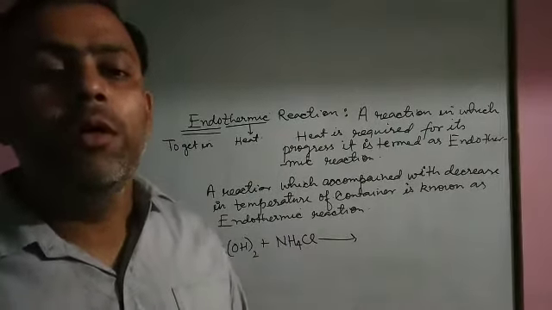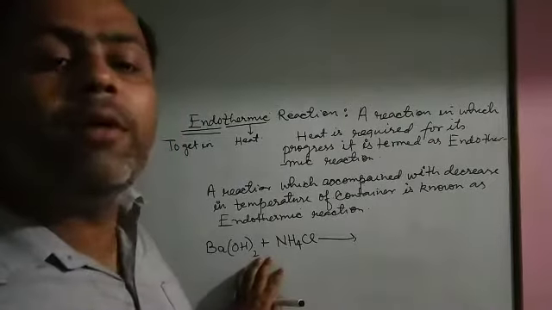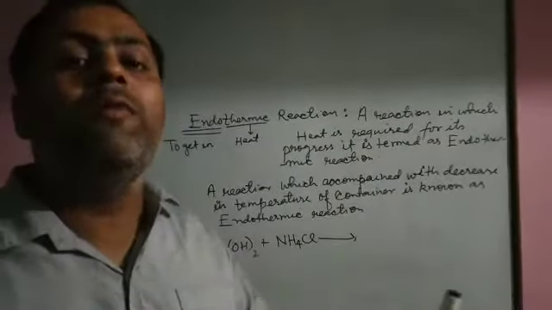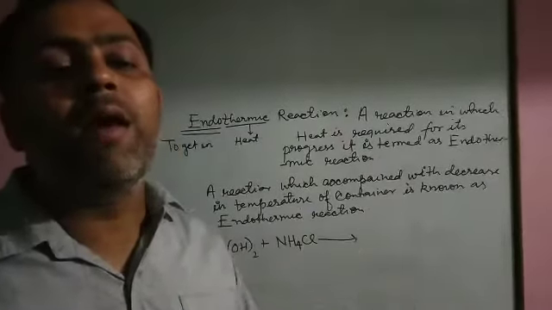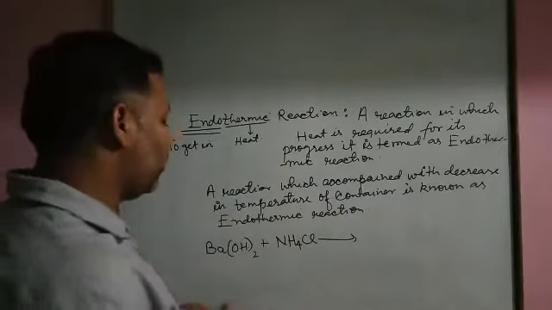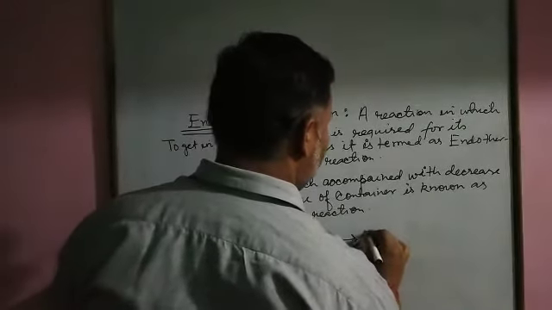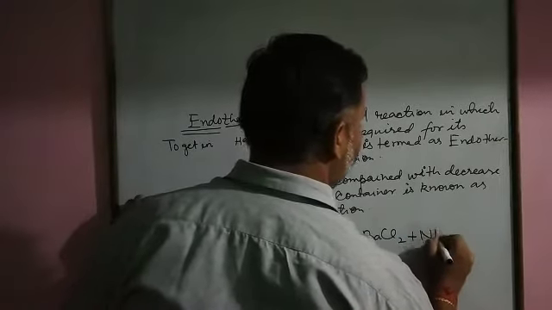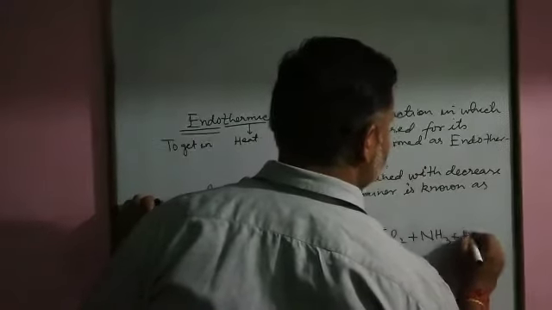Why is it so? Because this is a kind of endothermic reaction, and for its progress, it will absorb heat from the container. That's why the temperature of the container will decrease, and which will result into formation of barium chloride BaCl2 plus ammonia NH3 plus water.